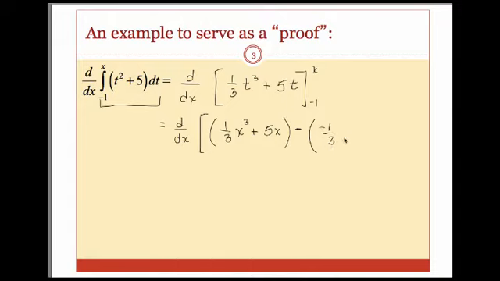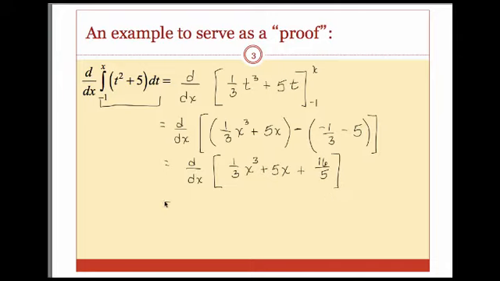So that turns into a -1/3 minus 5. All right, and maybe I'll simplify a little bit inside those square brackets. And let's see, this becomes plus 16/3 when you combine your fractions.